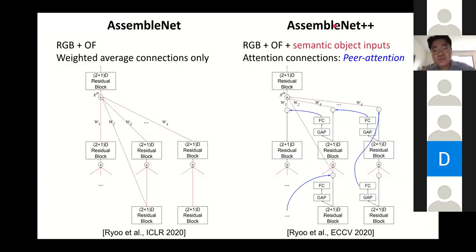And AssemblyNet++ was an extension of it. So if I say it now, the main difference between AssemblyNet and AssemblyNet++ is whether we have attention. Attention similar to squeeze and excitation layer, which is channel-wise attention. So this is how AssemblyNet, which I just described, look like.